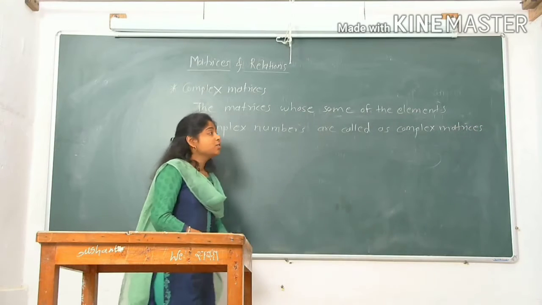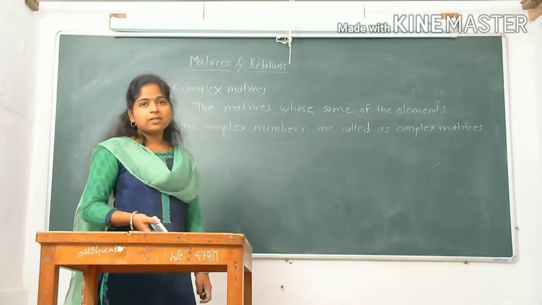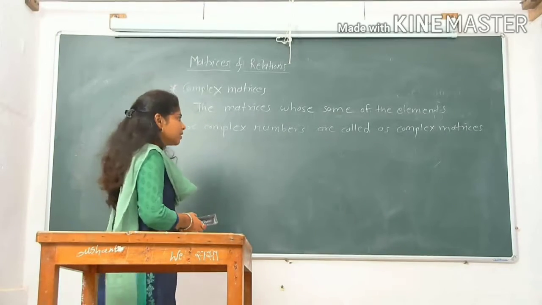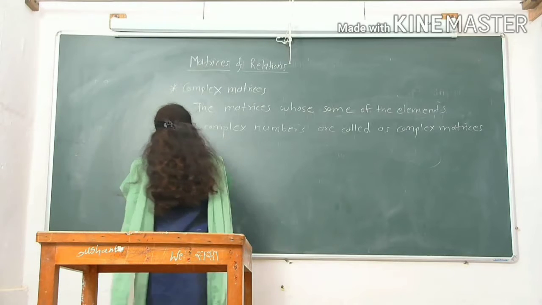The matrices whose elements are complex numbers, we say that those matrices are complex matrices. Now we define the conjugate of a matrix.